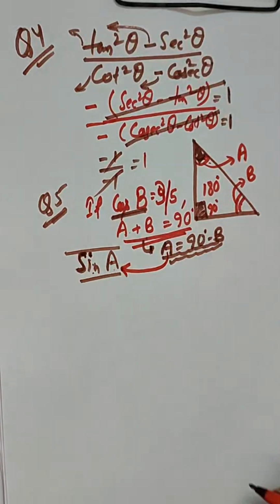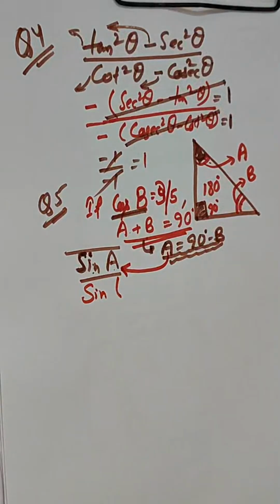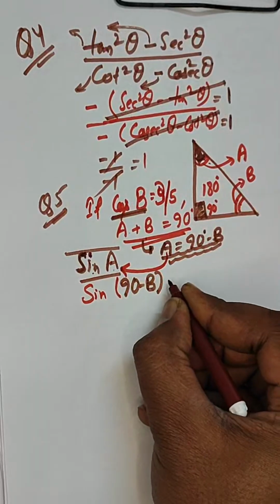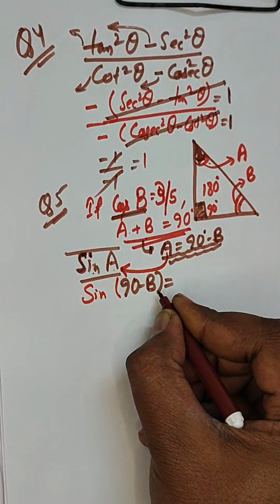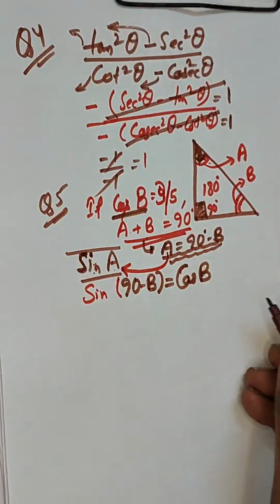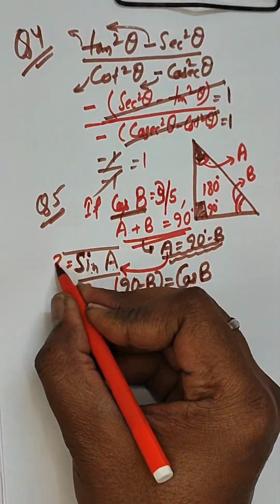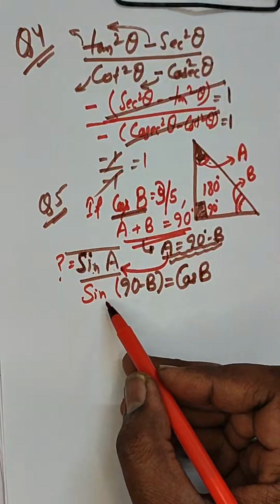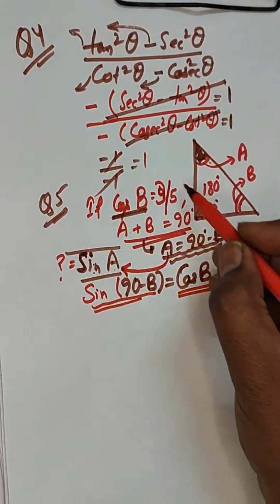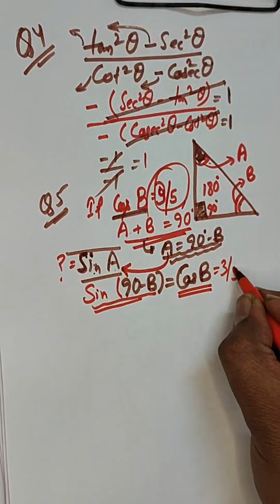Then sine of a can be written as sine of 90 minus b, and since sine 90 minus theta is cos theta, this gives you cos b. So what is the value of sine a? Sine of a is equal to cos b, and the value of cos b is given as 3 by 5, so sine a is equal to 3 by 5.